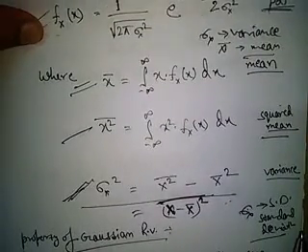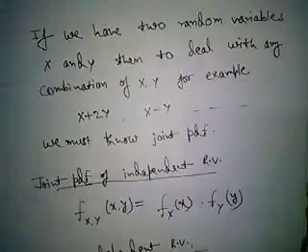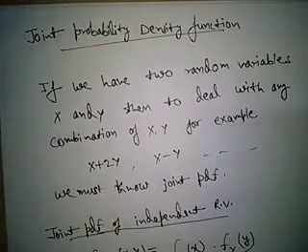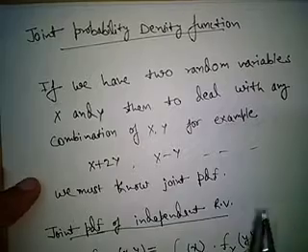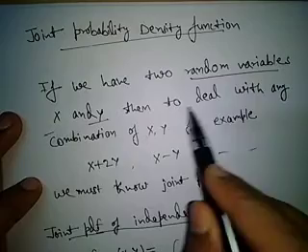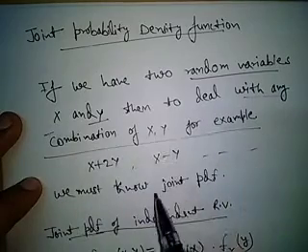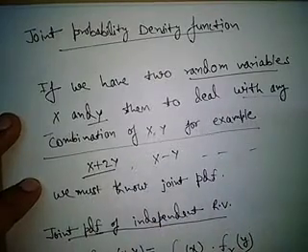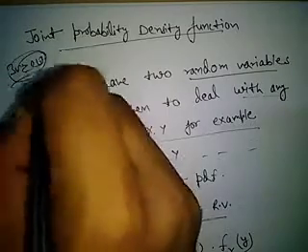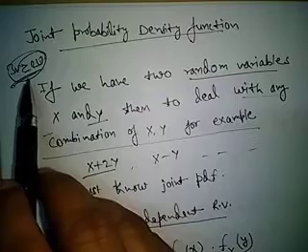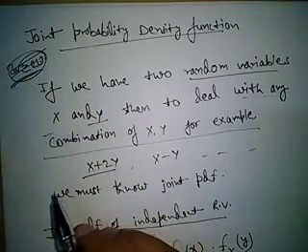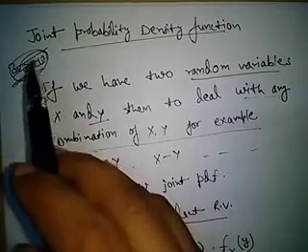Now I want to explain the joint probability density function of two different random variables. So if we have two random variables x and y, then to deal with any combination of x and y, for example x plus 2y, or here we have 3v greater or equal to 2u. I will come to that function later for the given question, but the main concern was that some functions were generated.